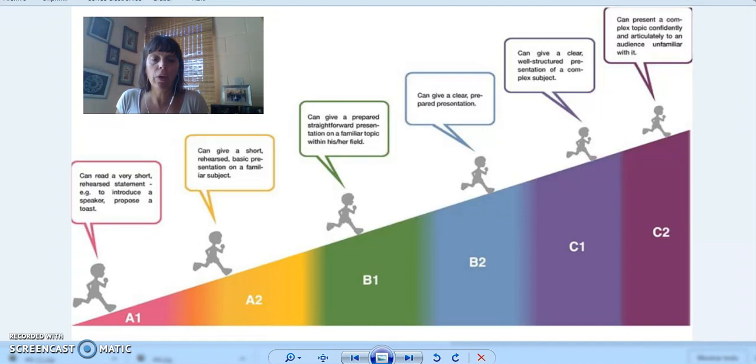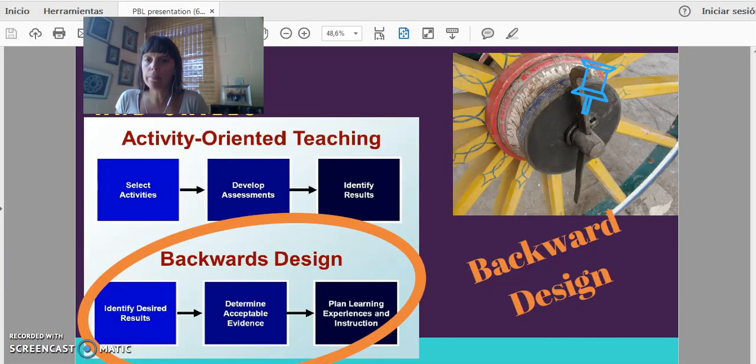And then moving on to the different levels, B1, B2, they can give more clear presentations, to a C1, C2 level in which they can give spontaneous presentations and also be able to hold some question and answer discussions with the audience.